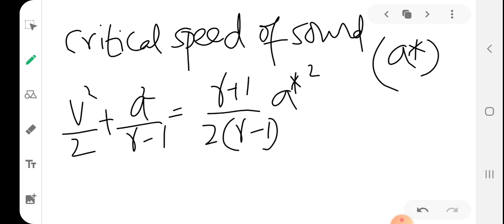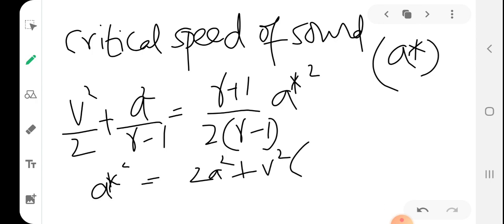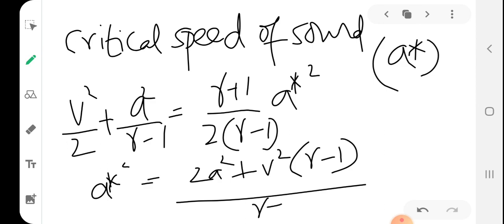I will be grouping all other terms together on one side and letting a star be alone on the other side. So a star square equals 2a square plus V square gamma minus 1, by gamma plus 1.